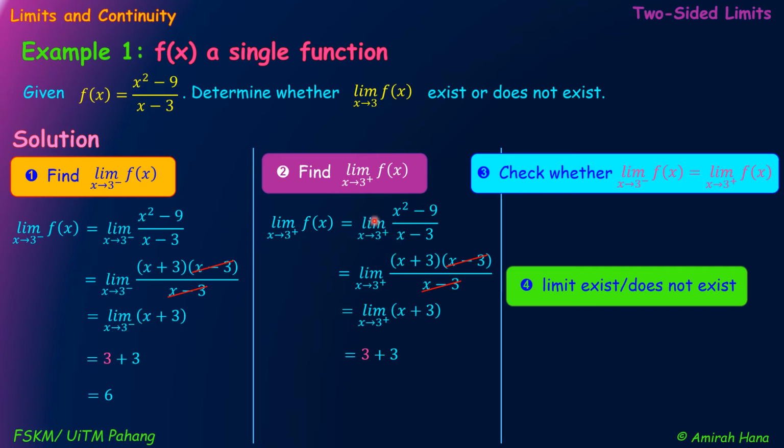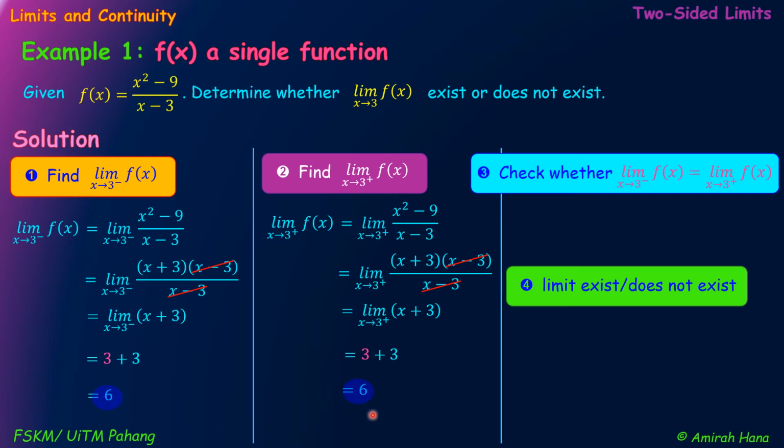And then to find the limit as x approaches 3 from the right, we also use the same value, which is positive 3 here. Of course we will get the same value because we use the same f(x). So the answer equals 6. The limit as x approaches 3 from the right of f(x) equals 6.